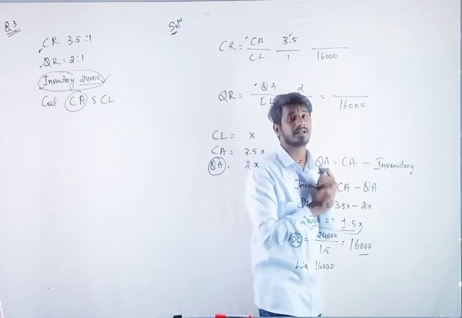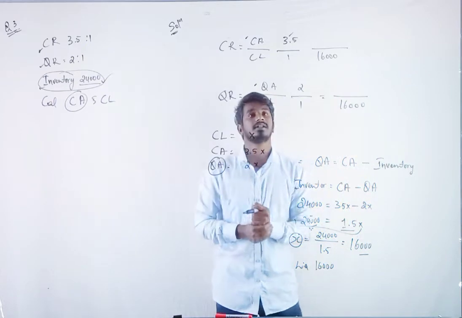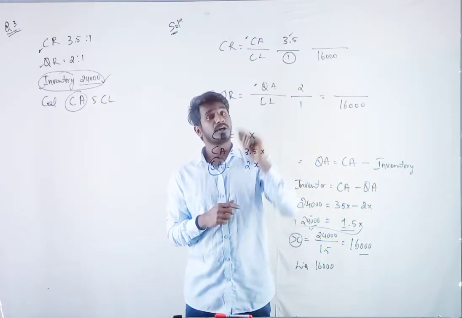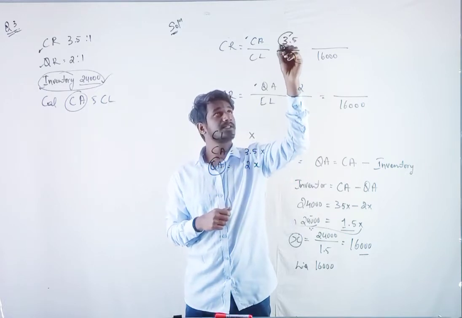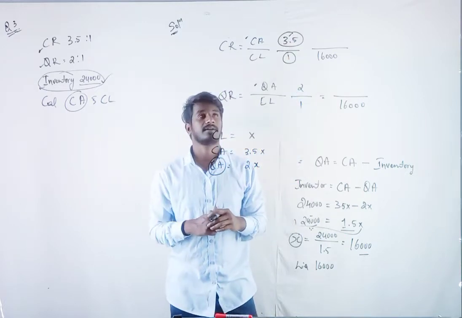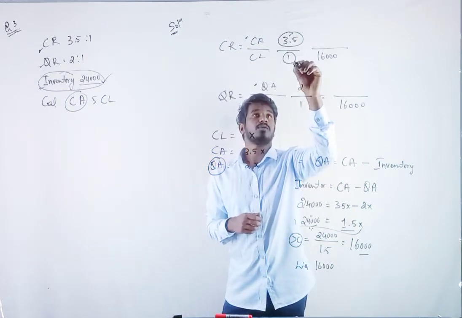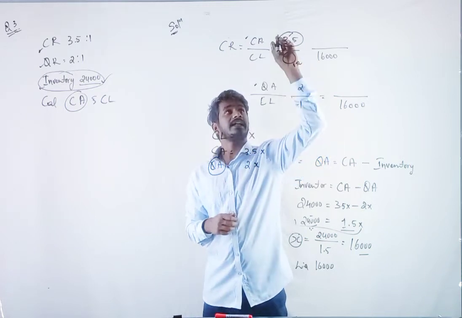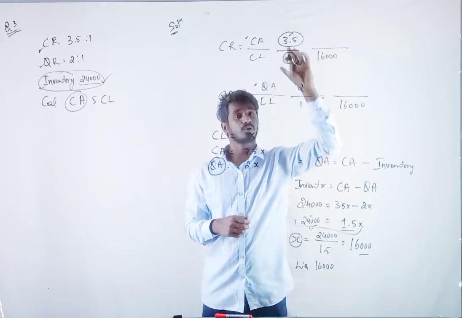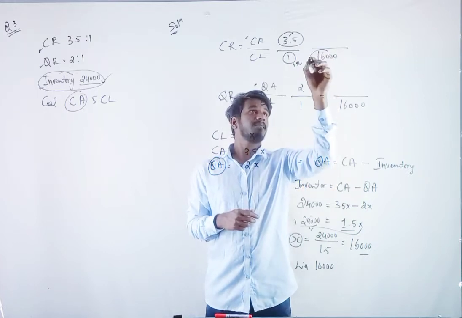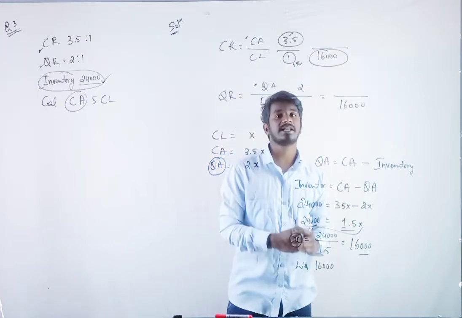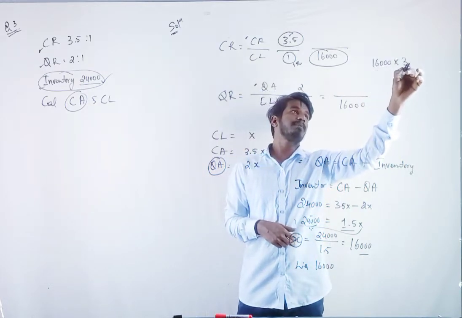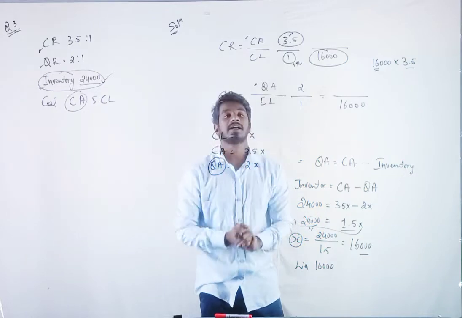What I said earlier, if the current liability is 1 rupee, my asset is 3.5 rupees. If my current liability is 16,000, then into 3.5 will be my current asset.